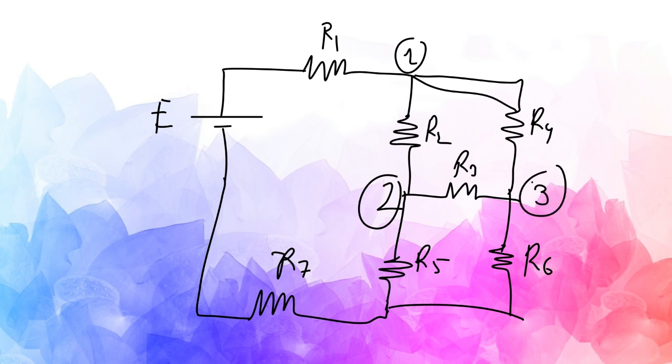All right. So if this is the scenario, it will look something like this. So this will be resistance 1, this will be resistance 2, and this will be resistance 3.